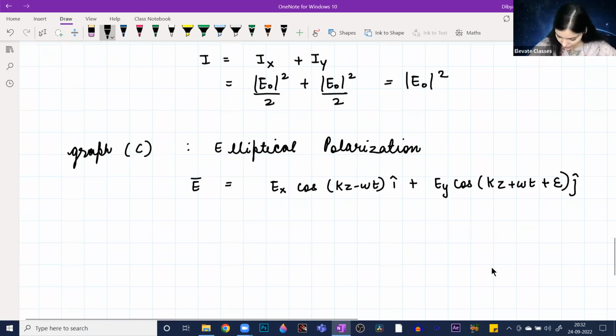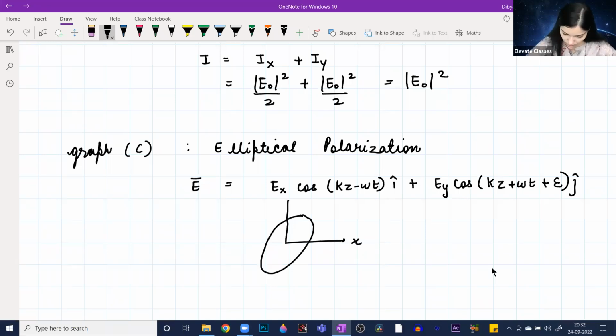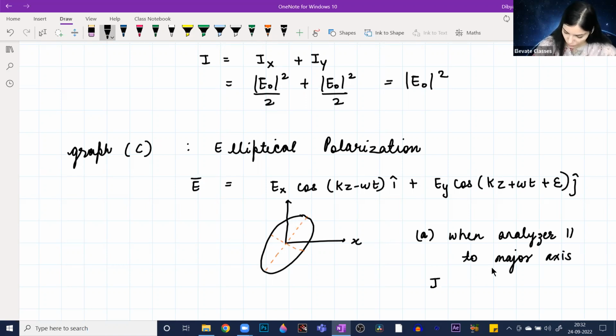So we know that it's an elliptical polarization. And I'm going to get something like this. So if this is my x-axis, this is my y-axis, and this is my major axis, this is my minor axis. So I can make a mental note that when the analyzer is parallel to the major axis, the output intensity is going to take its maximum value.